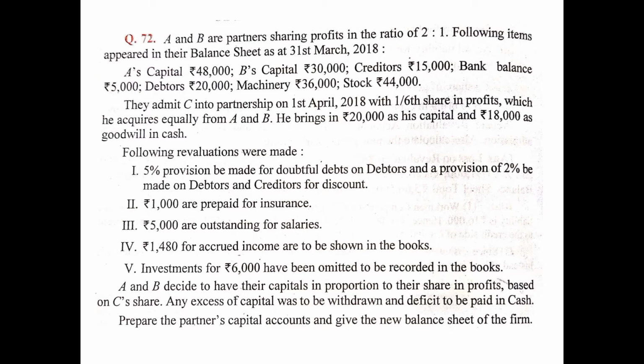So first we calculate 5% provision for doubtful debts, that is 5% of 20,000, which is 1,000. Then 20,000 minus 1,000, that is 19,000, is left, and 2% for discount on debtors is calculated on 19,000, that is 380.